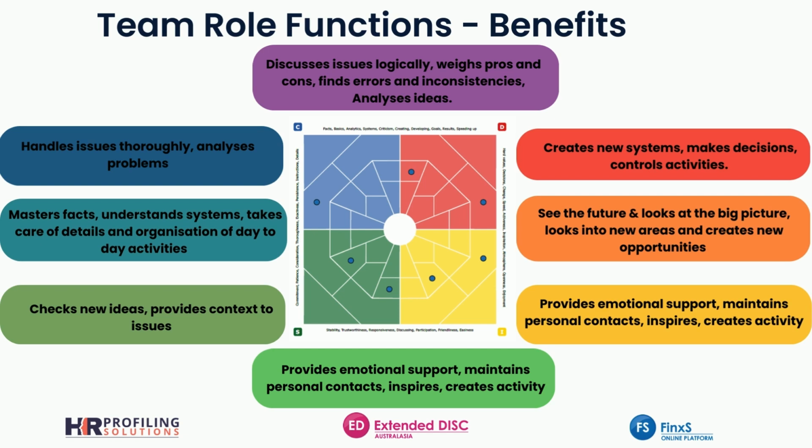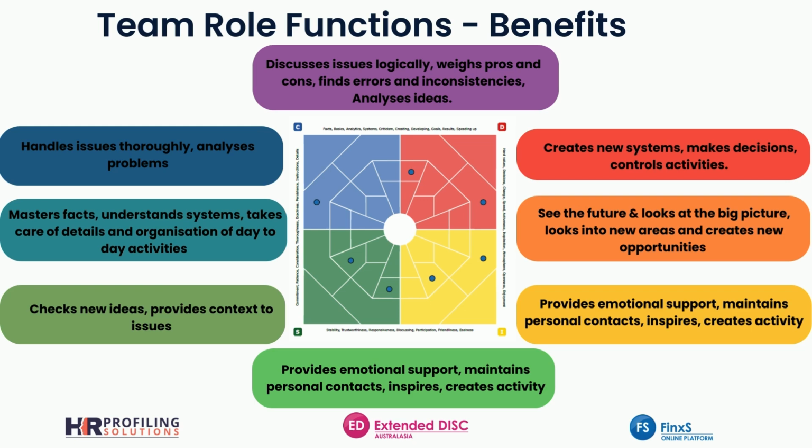Your D style creates new systems, makes decisions, controls activities. Let's jump down to the bottom there. So you can see it would be called a participator. So understands others, considers human factors, supports others in decision making, checks new ideas, provides context to issues.